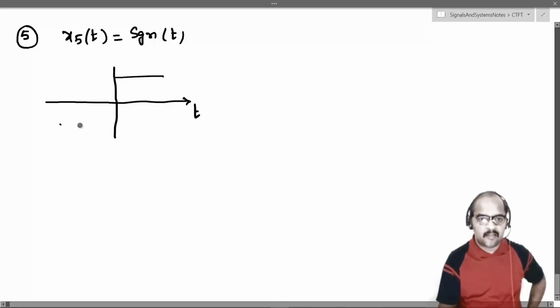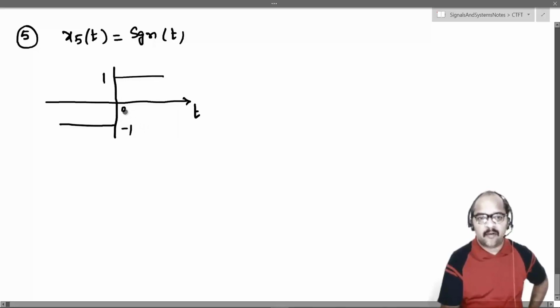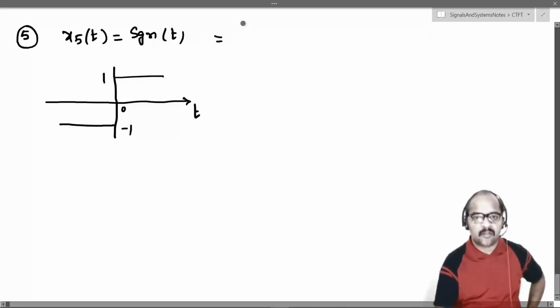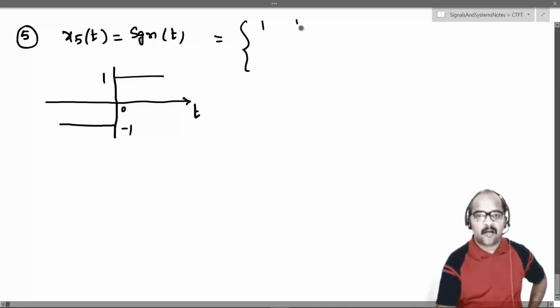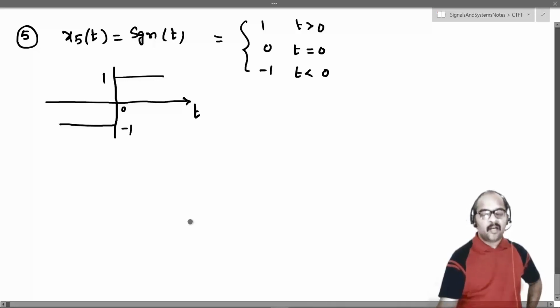So it is defined like this: minus 1 from minus infinity to 0, and 1 from 0 to infinity. At 0 it is 0. So this is equal to 1 when t is greater than 0, 0 when t equals 0, and minus 1 when t is less than 0.